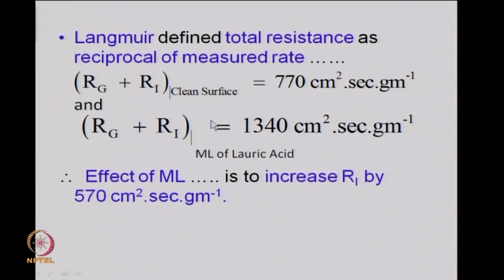Experimentally, if we have the water surface covered with a monolayer of, say, lauric acid, you find this resistance, expressed as the inverse of the rate of evaporation, is about 1340 centimeter square second per gram, or the effect of the monolayer is to increase Ri by as much as 570 centimeter square second per gram.